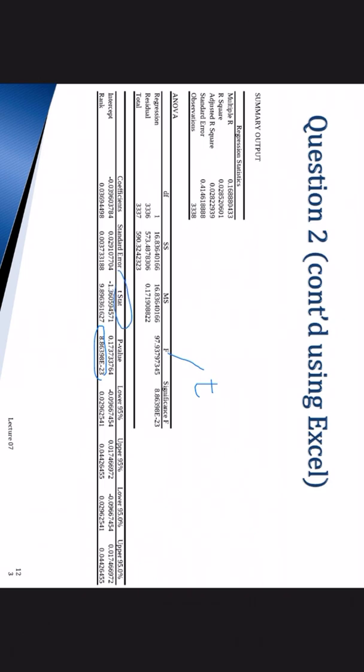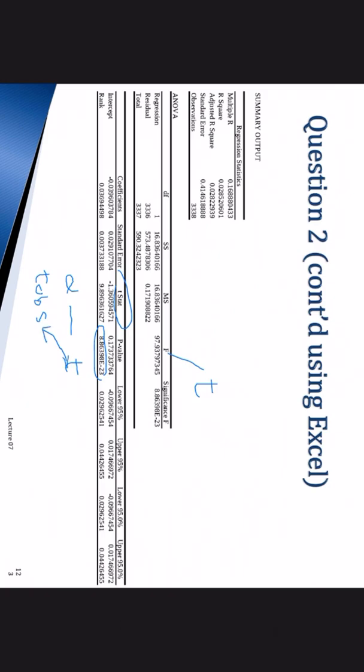I've talked about two methods to perform the hypothesis test. The first one is, given alpha, you find the critical value T, calculate T observed, and compare this T observed with the critical T value.